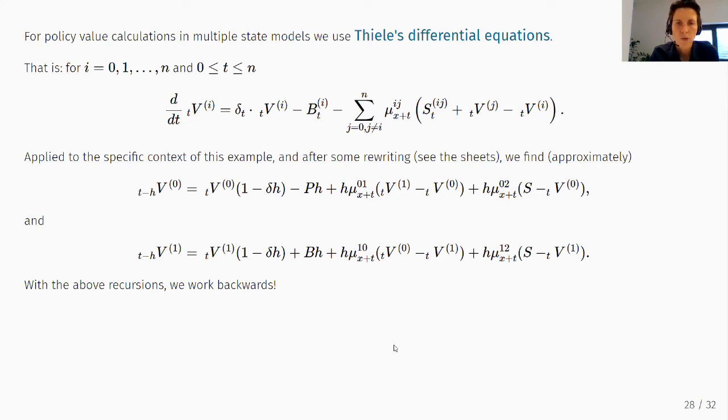Yeah. So of course, I do some rewriting here. I do two things here. I go from the differential equation to an approximate format. And I also plug in the specific settings, the specific transition intensities, the specific B and S and so on for the application that I have in mind.